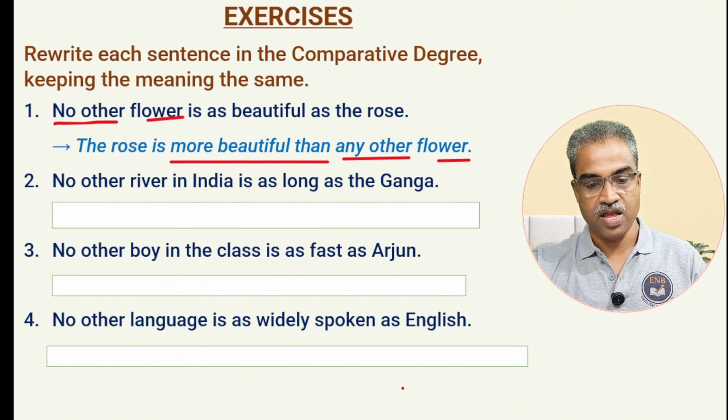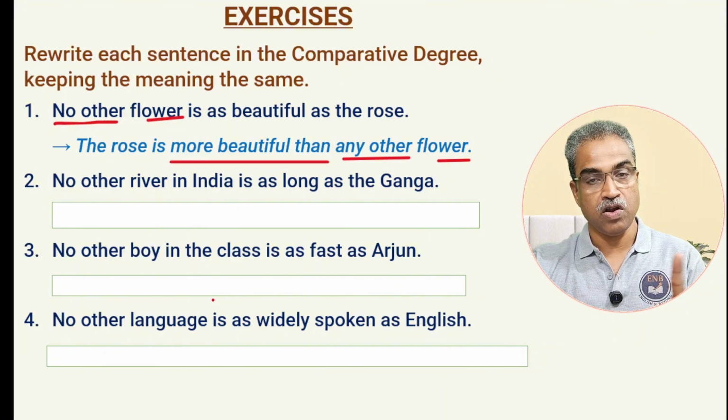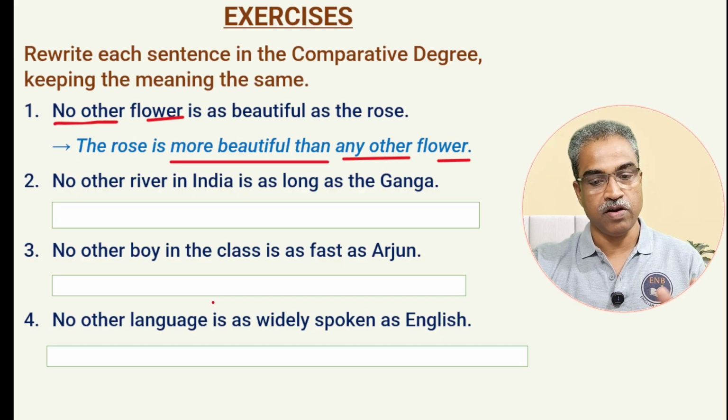The Ganga is, which is the adjective here? Long. Length we are comparing here. Yes or no? Ganga and other rivers' length we are comparing. So the Ganga or the Ganges is long. Long is one syllable. Long, longer, longest. So it is longer. More longer we will not say. Already longer.